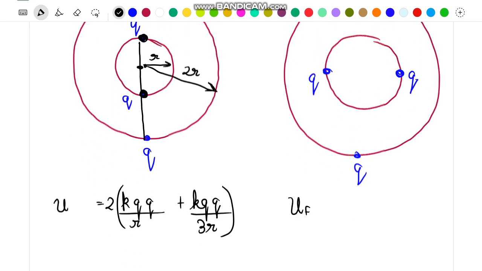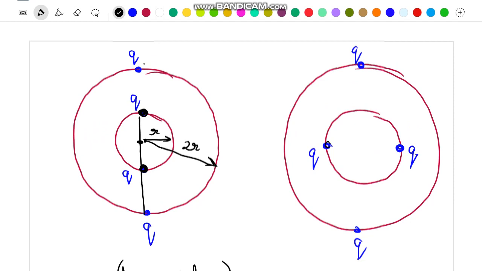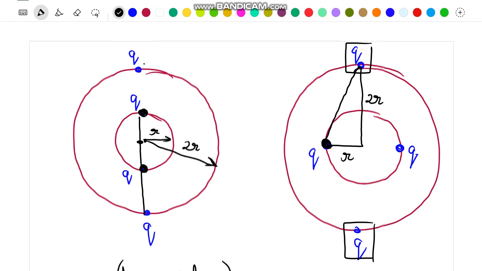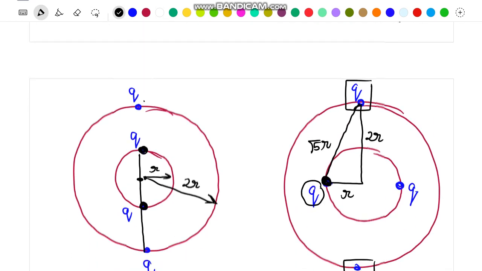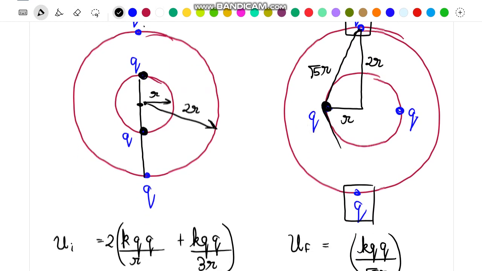Similarly, the final potential energy of this charge due to the two charges present on the periphery of outermost ring can be found with the help of basic geometry. We can write the distances will be equal to r and 2r, and this distance will be equal to root 5 r. So the final potential energy will be equal to kq by root 5 r, that is the potential energy between these two charges. Similarly, there will be yet another pair, and this will be the third pair, and this is finally the fourth pair.